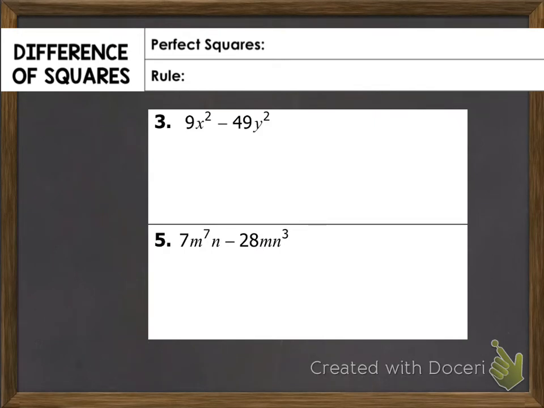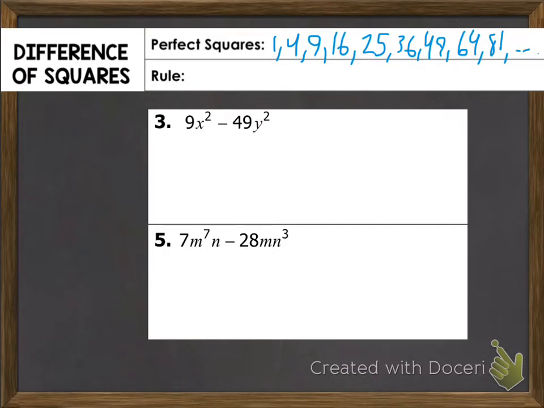Well, before we try to solve number 3 and 5, let's list some perfect squares. So the first one that you should know is the number 1. That is a perfect square. The next one would be 4, and then 9, 16, 25, 36, 49, 64, 81, and I've run out of room, but you get the idea.